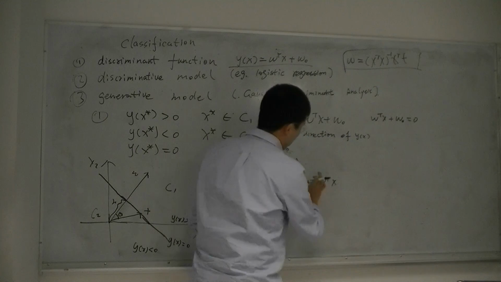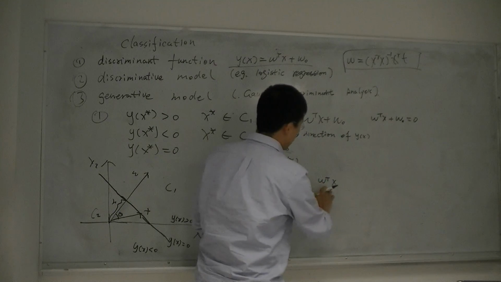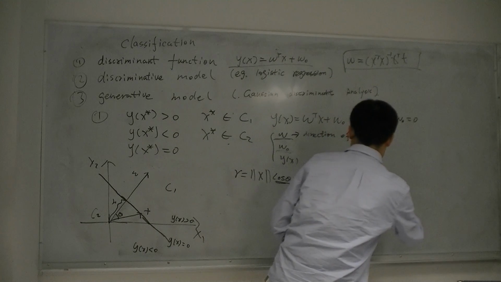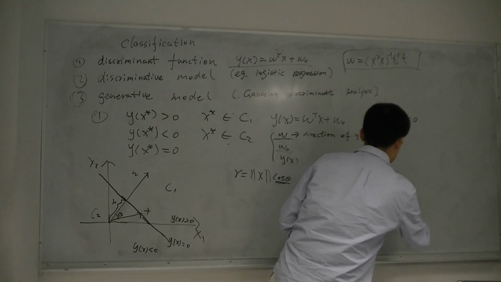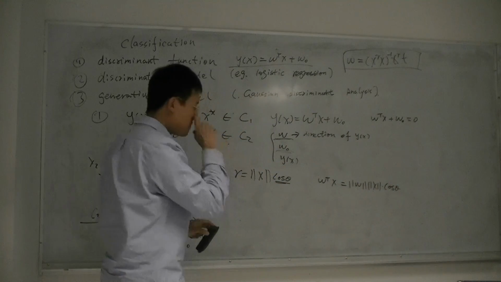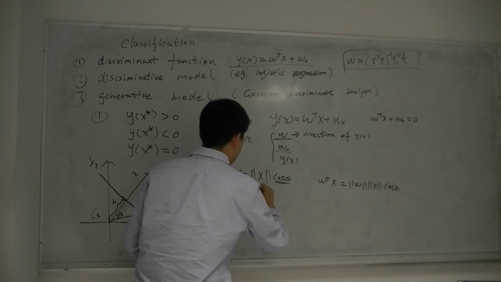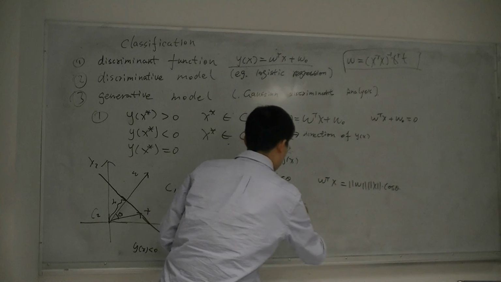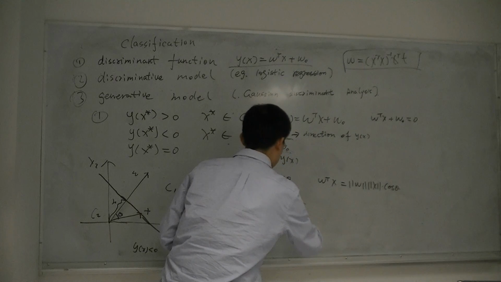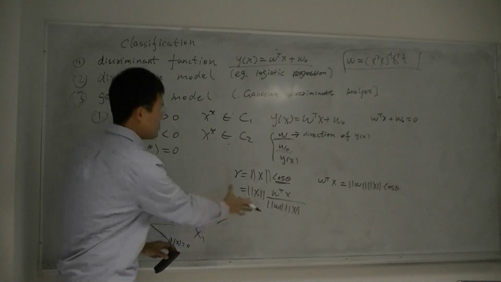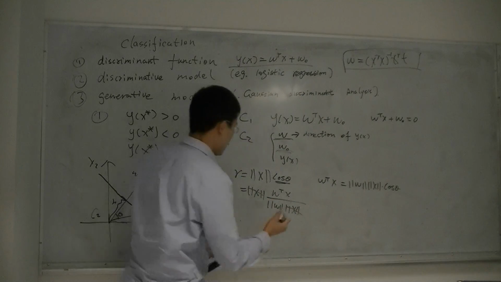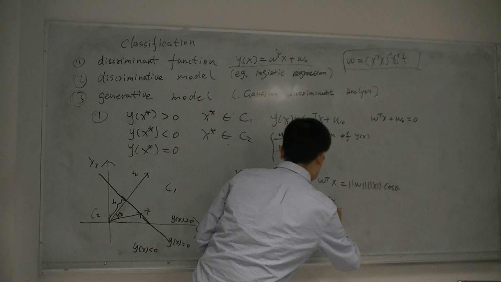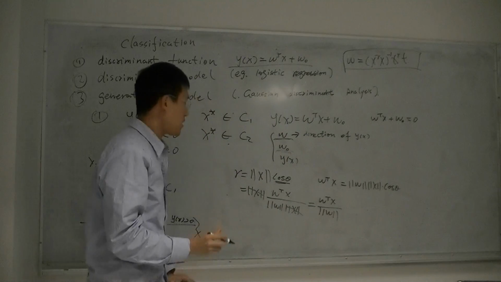The dot product between the vector omega and x is equal to the magnitude of omega and x times cosine theta. So we can see the cosine theta is equal to the ratio we can calculate. Then we can cancel this term, and we get the distance equal to something like this.